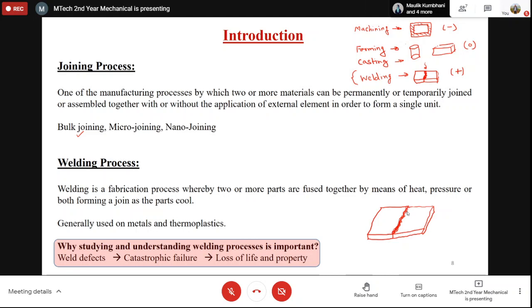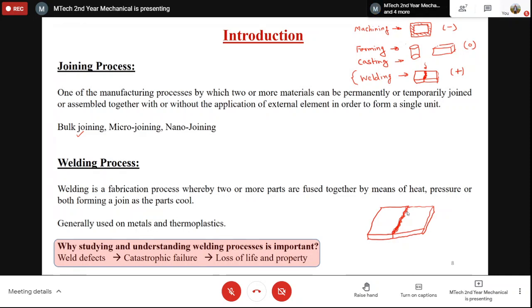They may fall apart due to various types of weld defects. Gases can penetrate inside the weld joint and weaken it, or there can be oxides inside the weld joint, and some gaps. Various types of defects can be there.